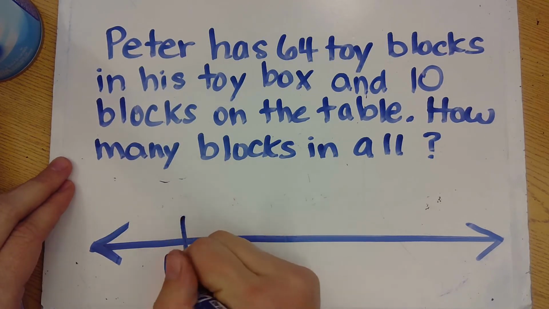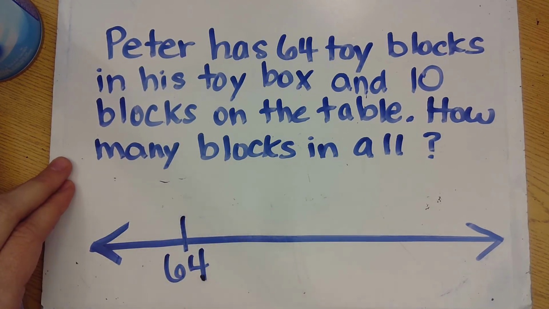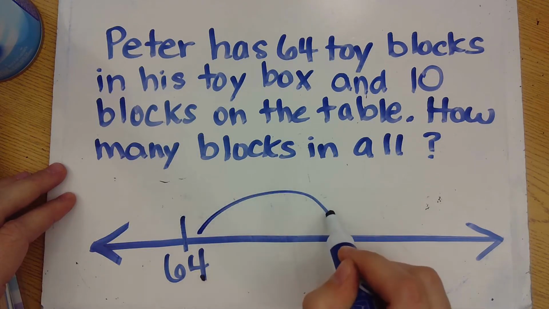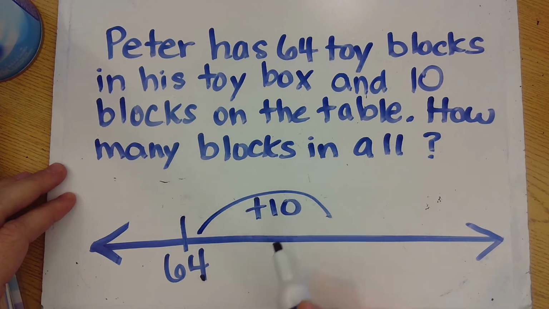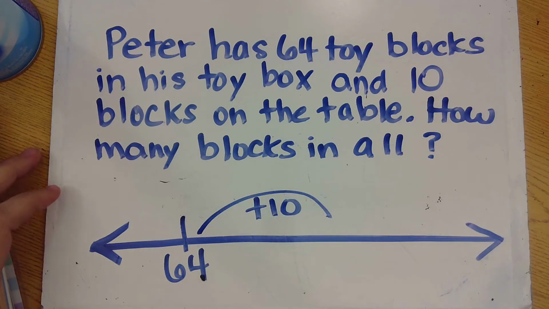I would write 64 because I know Peter has 64 toy blocks. And I also know that he has 10 blocks on the table. So I'm going to add 10 because the toy blocks that he has in his box plus the toy blocks that he has on the table is how many blocks he has in all.